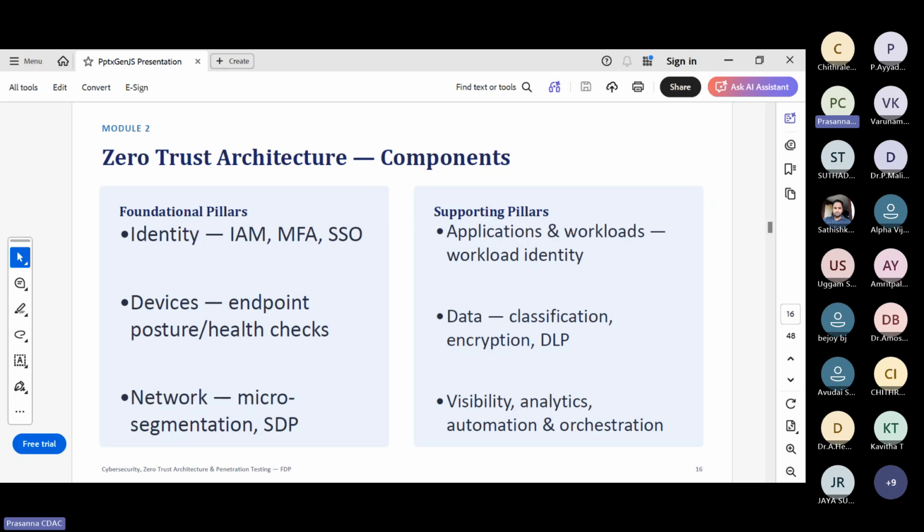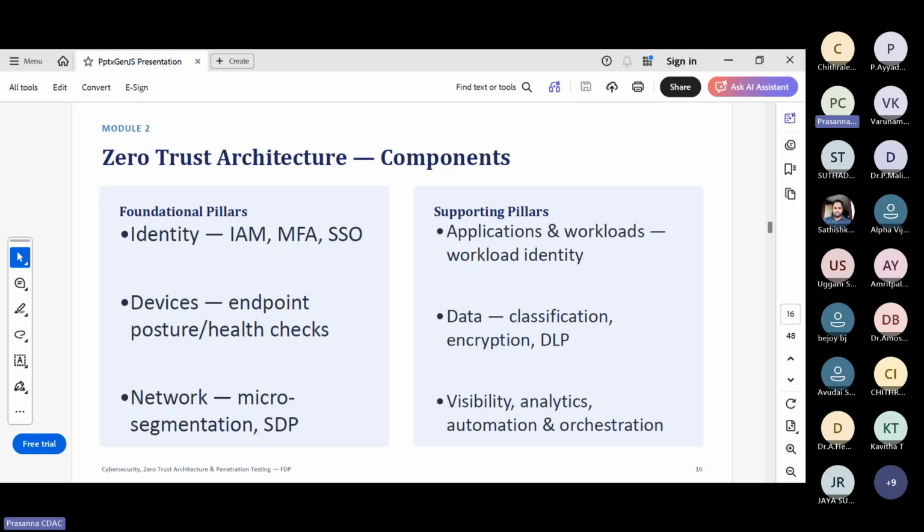Every endpoint or laptop will have agents. Before allowing any access to the resource, the agent will do a complete check on whether the laptop is sanitized and whether the user is sanitized. Only when everything is clear will it allow access to the segment. Now coming back to the network segmentation we have talked about.